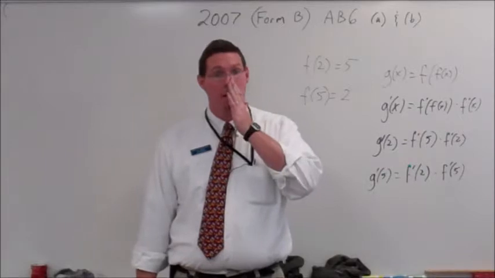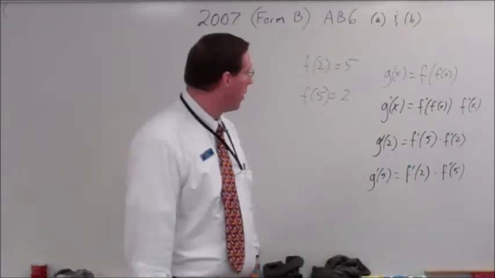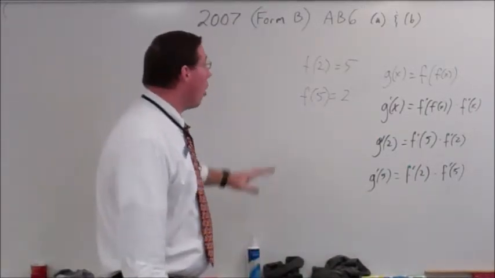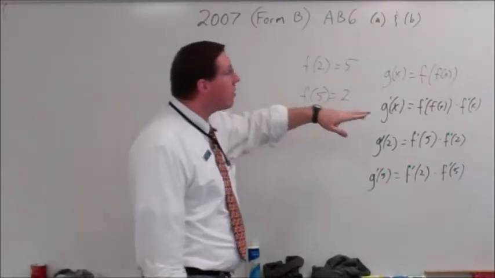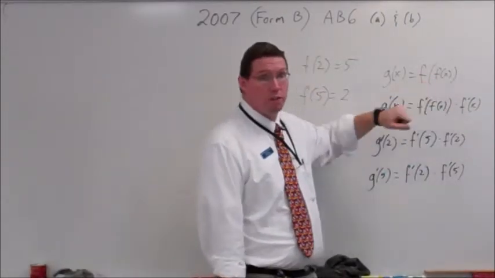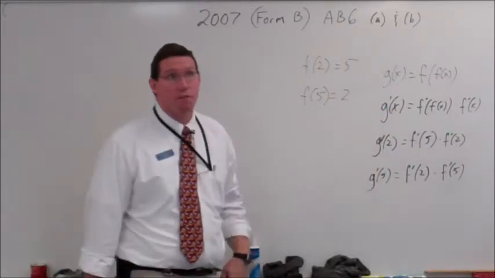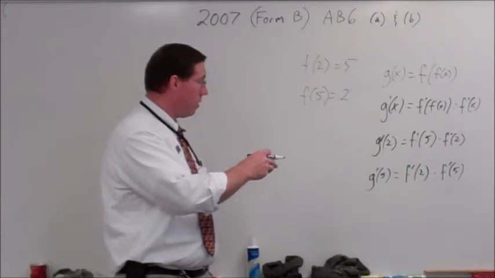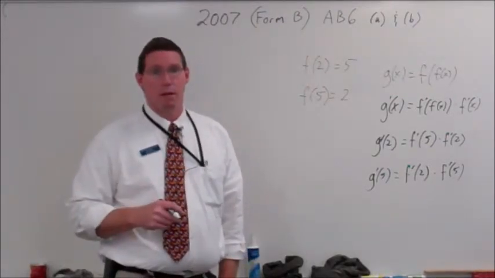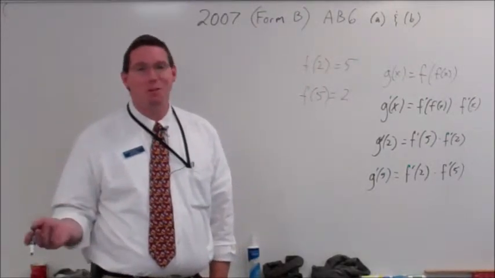Shouldn't we have known that just by looking at the f of 2 and f of 5? Knowing the chain rule, yes, you should have just known it, but that would not be sufficient for the readers. If you just said yes, they're equal, that's a 50-50 guess. You didn't show it.